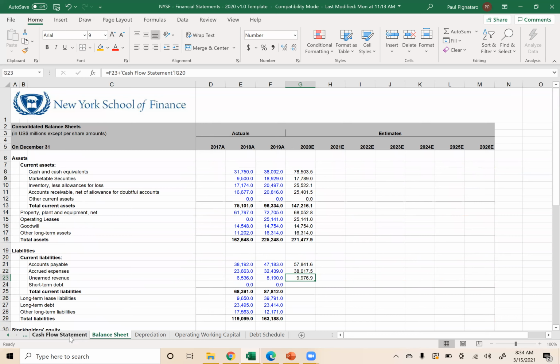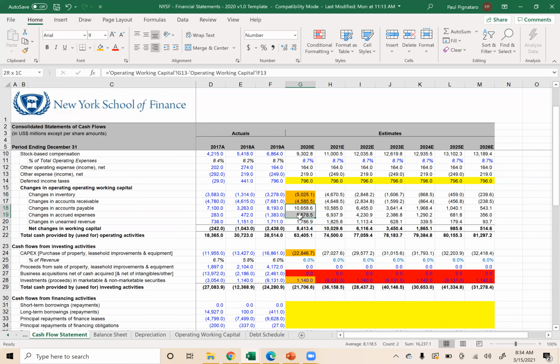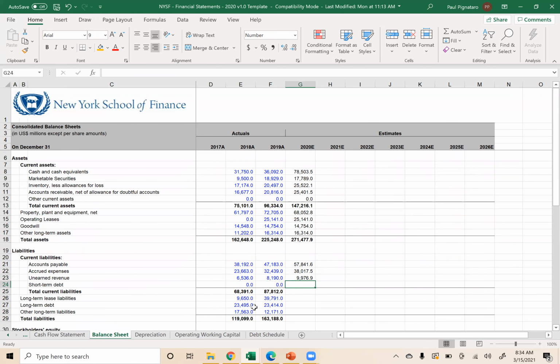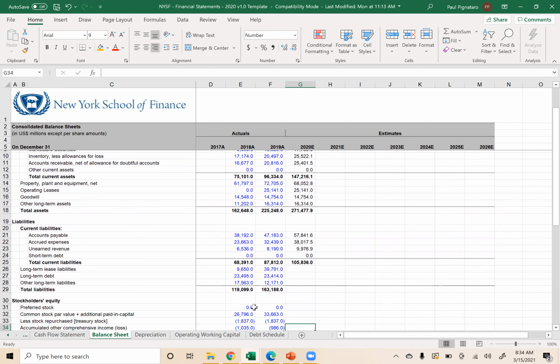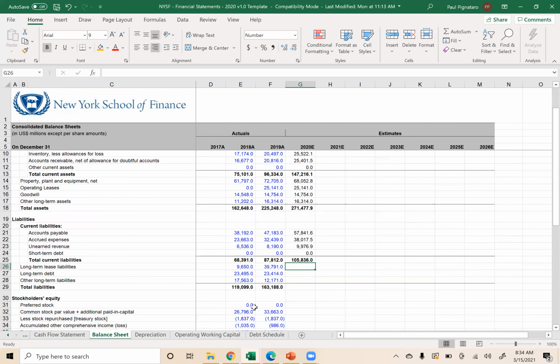Let me mark these three line items down, so I've used every single working capital line item. Much easier now. Short-term debt was from the template. I'm going to copy that. Okay. Long-term liabilities. Now, long-term lease liabilities.